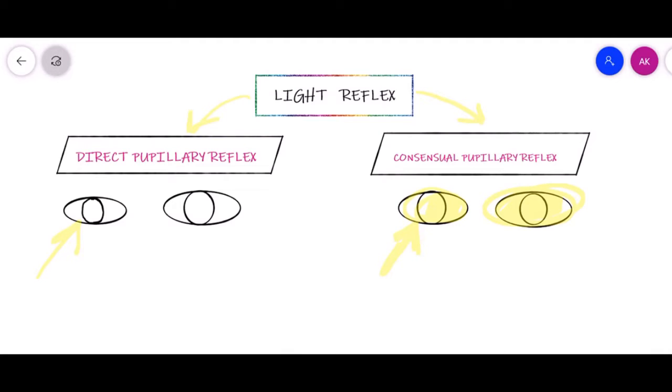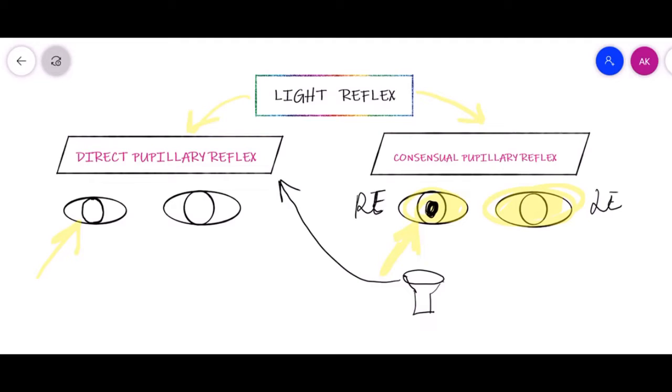So what I mean to say is that if this is the right eye and this is the left eye, and I have a torch with which I am showing light to the right eye, the right eye will constrict in response to the direct light thrown inside it, and this reflex is called the direct pupillary reflex of the right eye because I am throwing light directly in the right eye.